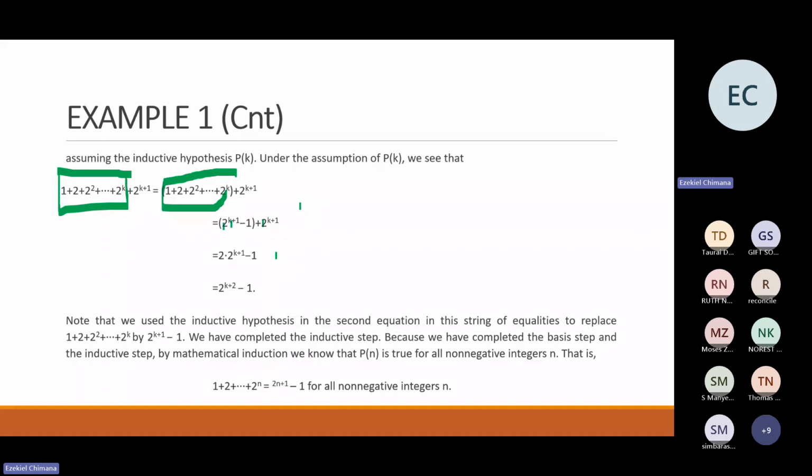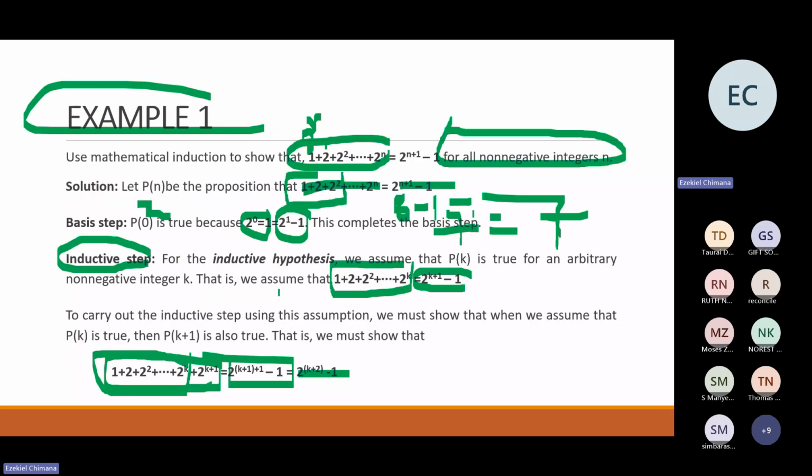You can add the powers. So remember, this is 2 to the power 1, and then this is 2 to the power k plus 1. So what you do there, you add the powers. So it will be now k plus 1 plus 1, which will give you 2 to the power k plus 2, then minus 1.